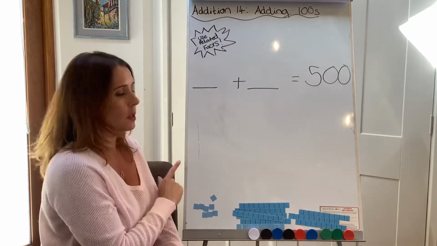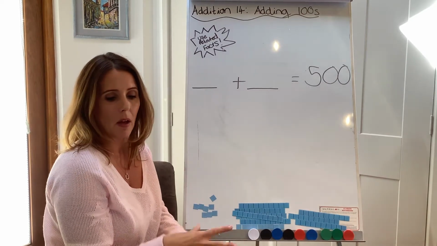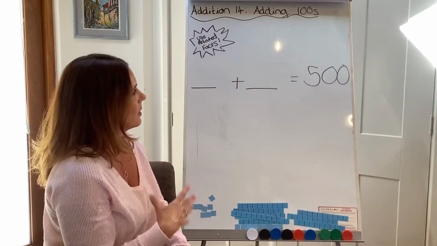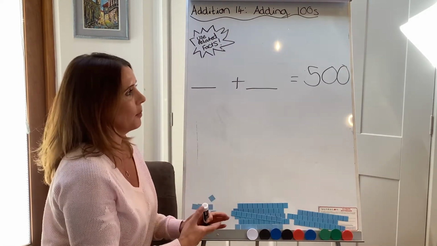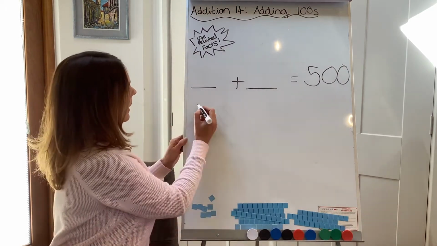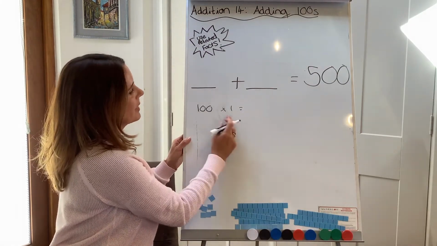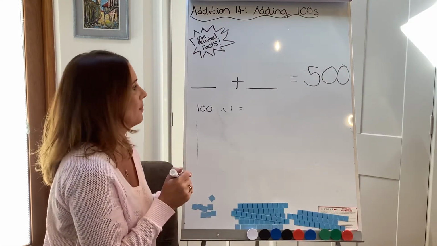Okay, remember that multiples of 100, so it's when you have a product of a given number with another number. So multiples of 100 are answers in the 100 times table. So it's the product when you multiply 100 with another factor. So it could be 100 times by 1, 100 times by 2, 100 times by 10.